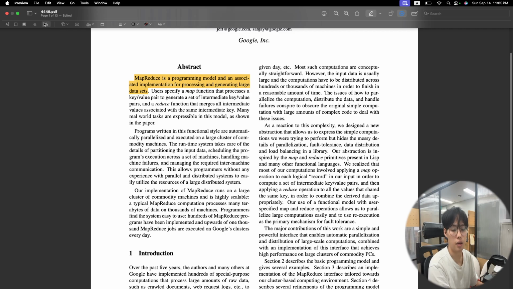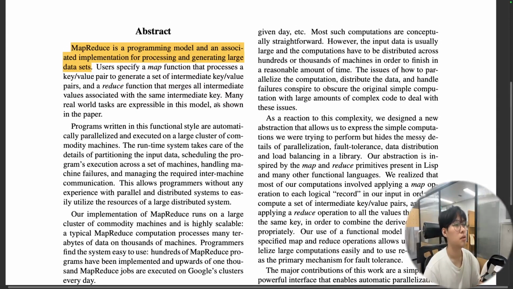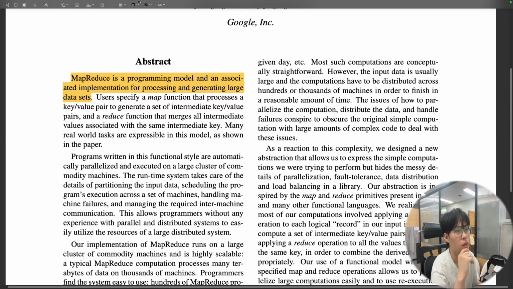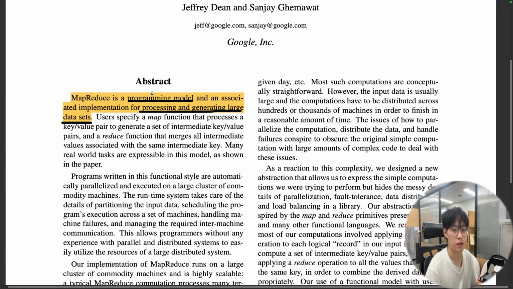I understand that this concept is very abstract. When I first encountered the processing model and the processing and generating large data sets, it led me into a rabbit hole.